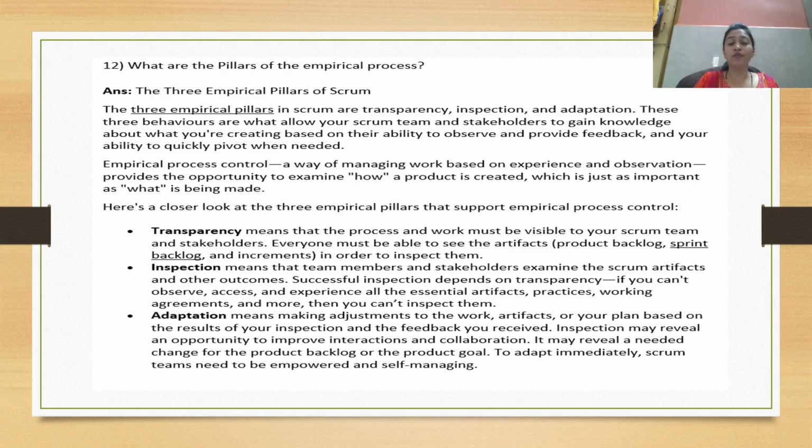Inspection may reveal an opportunity to improve interaction and collaboration as well. It may reveal needed changes to the product backlog or the product goal. To adapt immediately, the Scrum team needs to be empowered and self-managing. So, these are the three pillars for the Scrum empirical process.